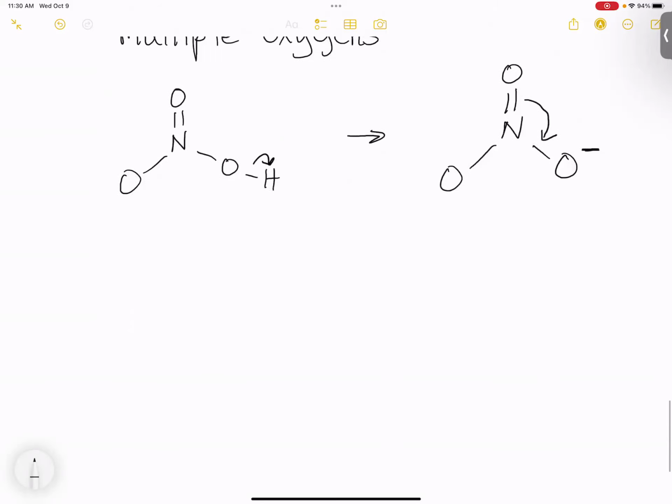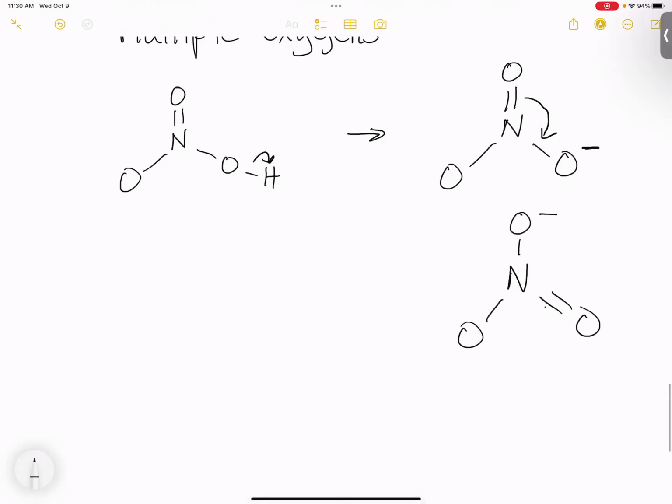Instead, it could be here, and that negative charge be distributed onto the top atom. Or we can make it here.